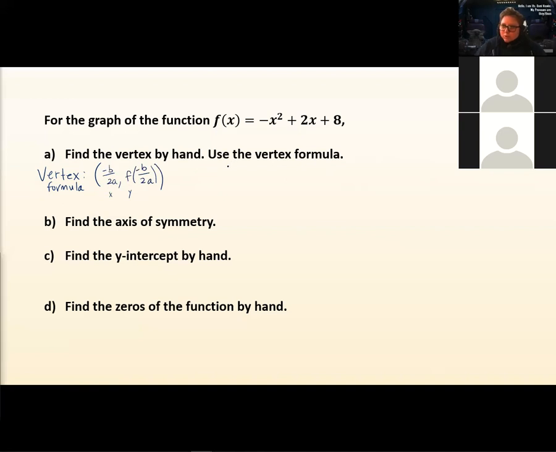So if we're finding our x value, first off, what's our a and our b? What's our a? Good job, -1. And what's our b?